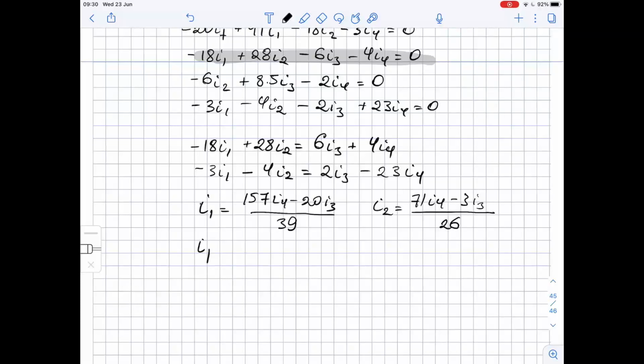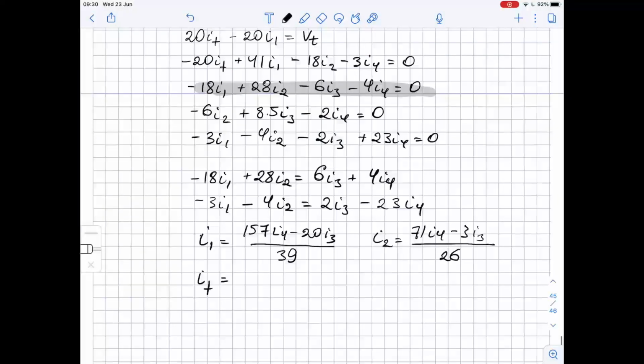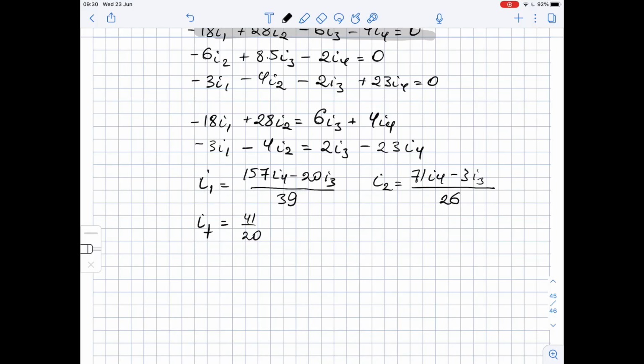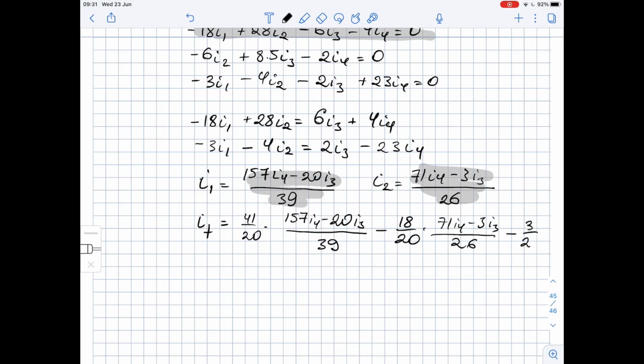Then we get IT from this equation. So IT equals 41 over 20 times I1, (157 I4 minus 20 I3) over 39, minus 18 over 20 times I2, (71 I4 minus 3 I3) over 26, and minus 3 over 20 I4.